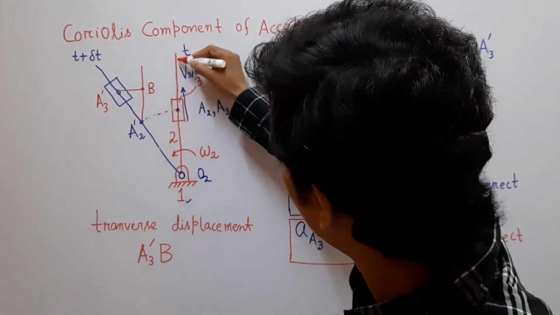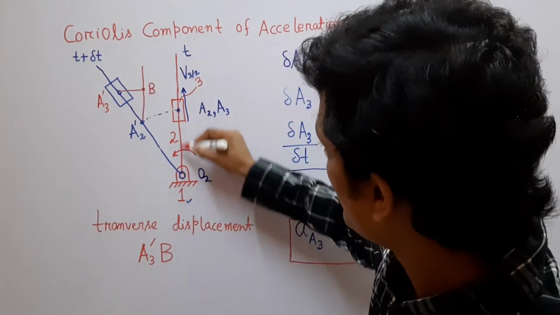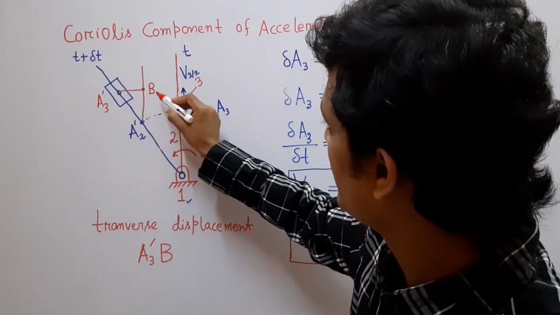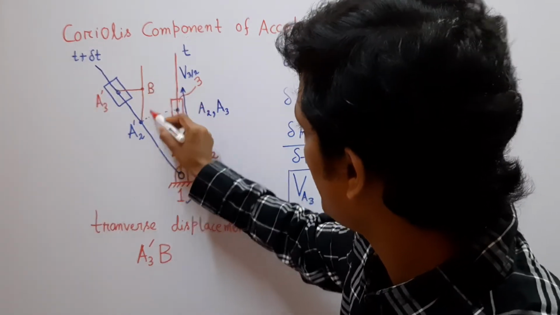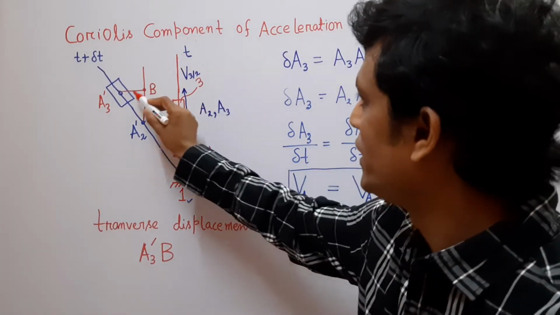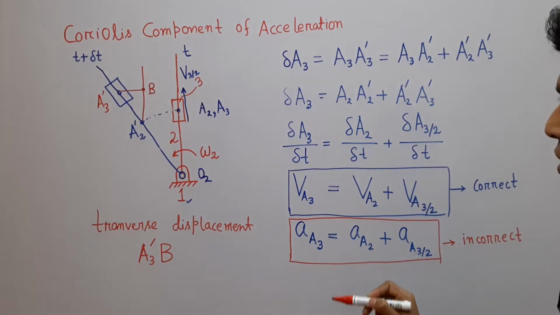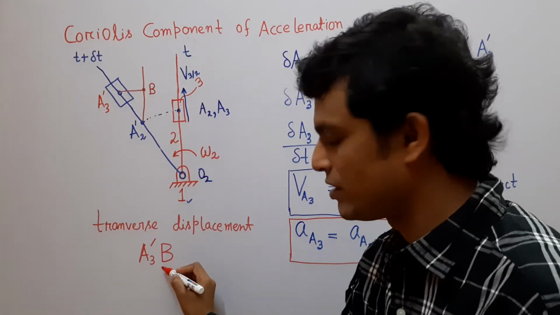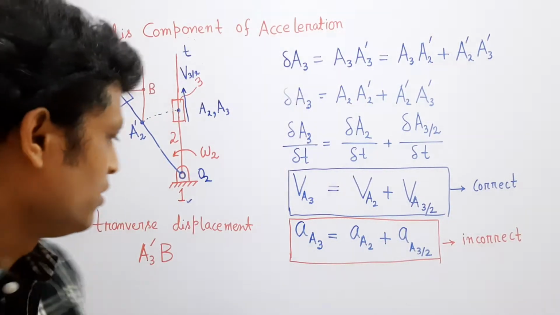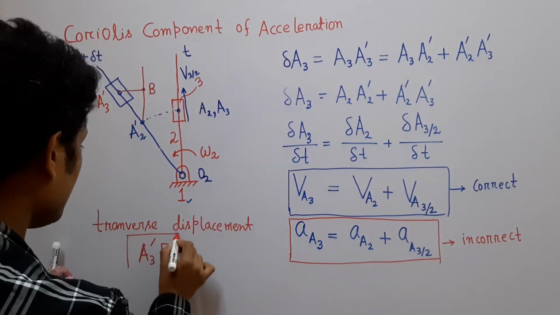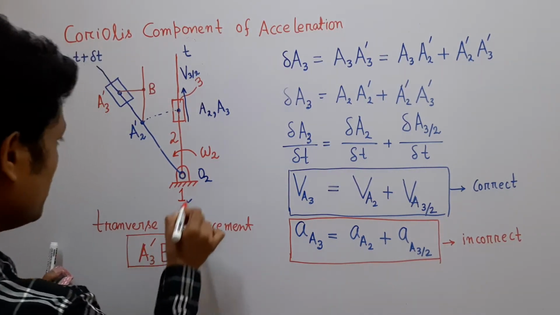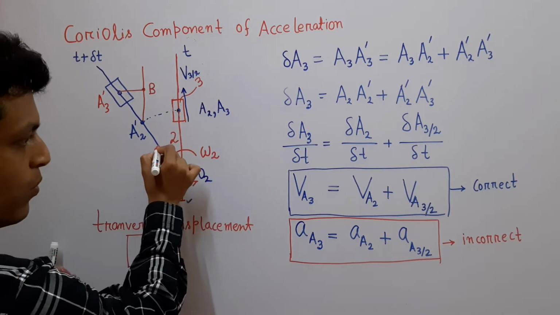This is the position of link 2. Link 2 was vertical, so the transverse displacement, which is perpendicular to link 2, is A3 prime B. So this much displacement has been missed by the observer sitting on link 2.